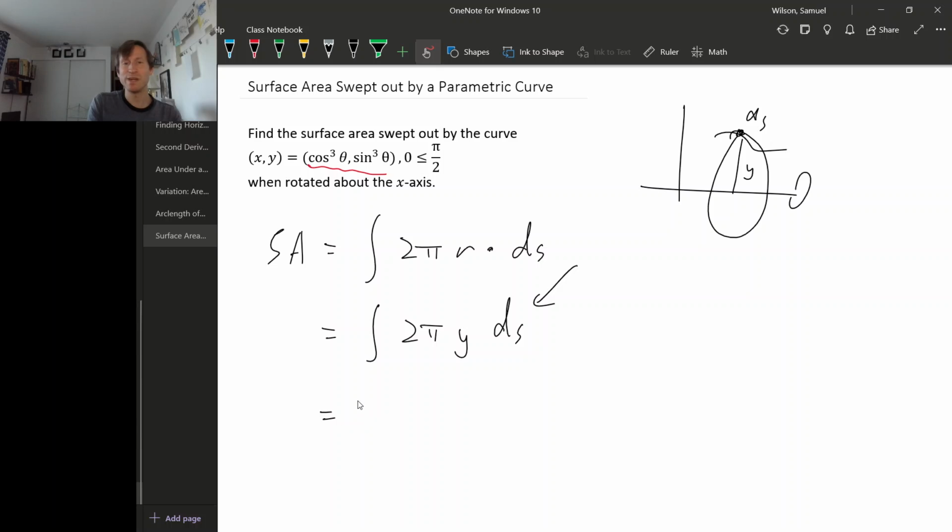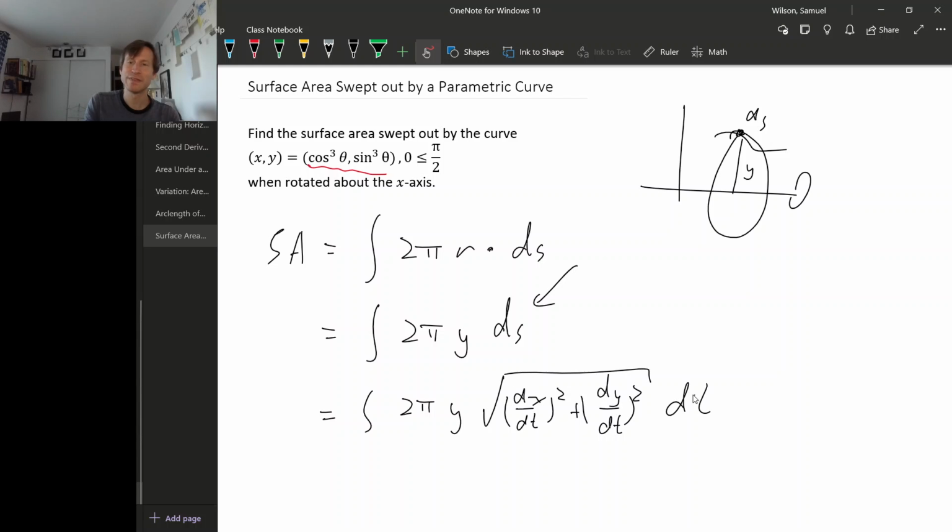And then we choose whatever expression is appropriate for ds. Since we have a parametric curve, the most straightforward way to write ds is the square root of (dx/dt) squared plus (dy/dt) squared, dt. So this entire chunk here is ds. You can see that we are finding this surface area with a parametric curve, but we actually aren't using any new ideas.